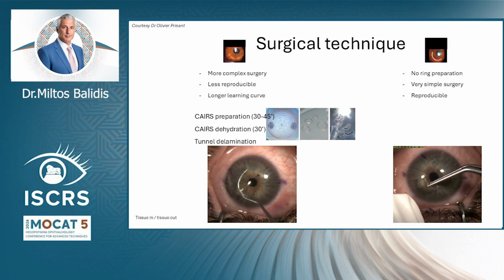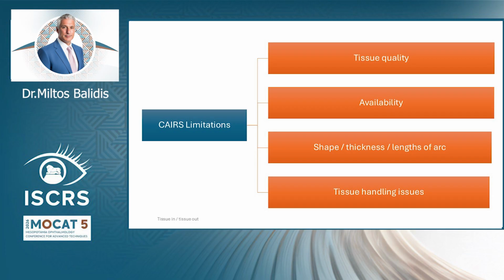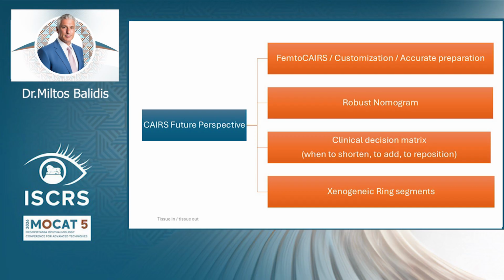With the ring, things are, I think, much easier on implanting. So the limitations: tissue quality, availability, tissue handling issues, and shape and thickness are not as predictable as expected postoperatively.